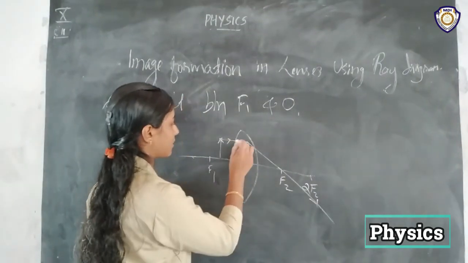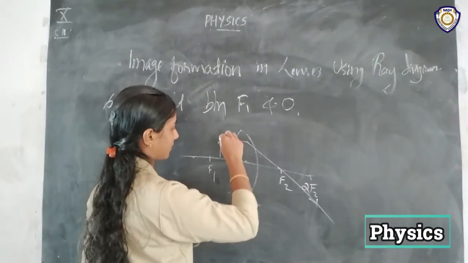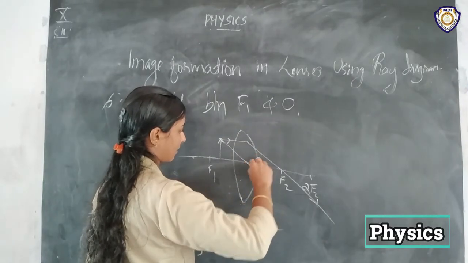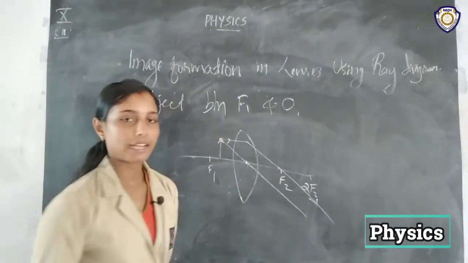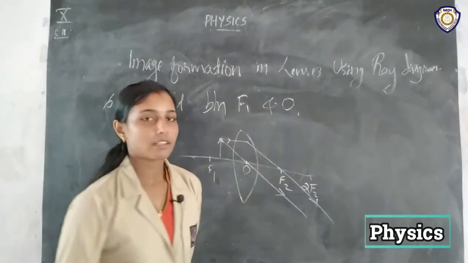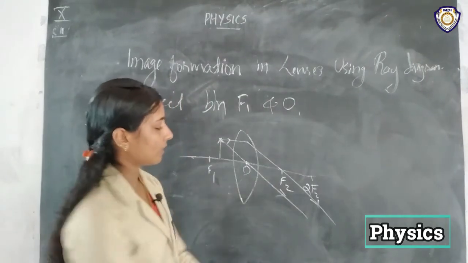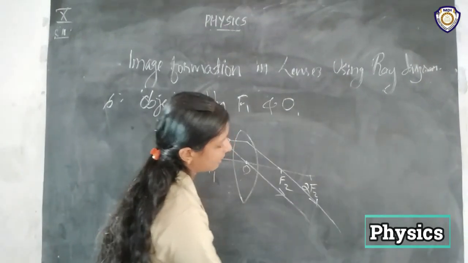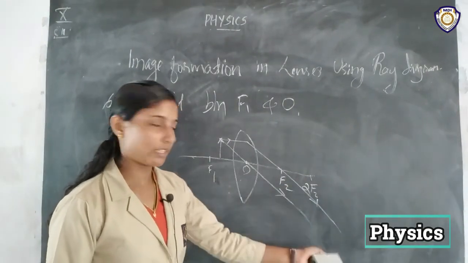Okay, this one is parallel to the principal axis and will pass through F2. And what happens when a light ray passes through the optical center? It will refract without any deviation. So these lines diverge from each other, right? So they will not meet anywhere below the principal axis.